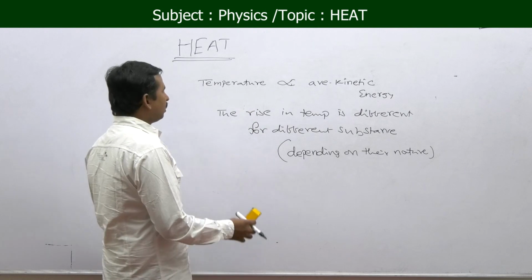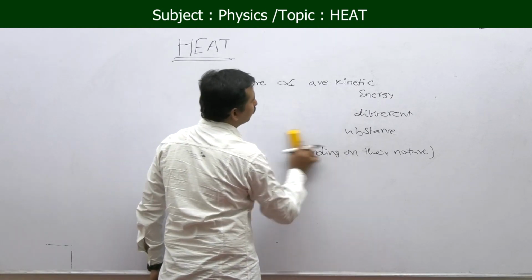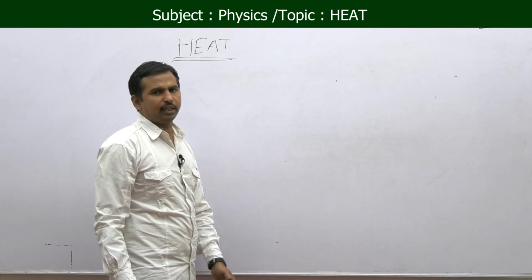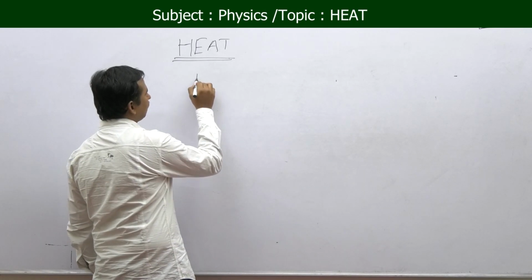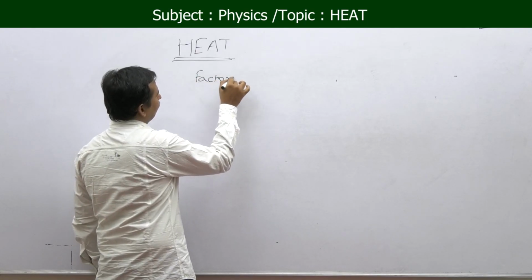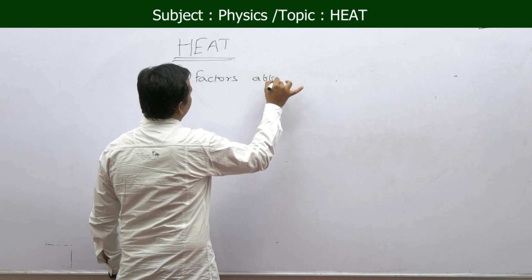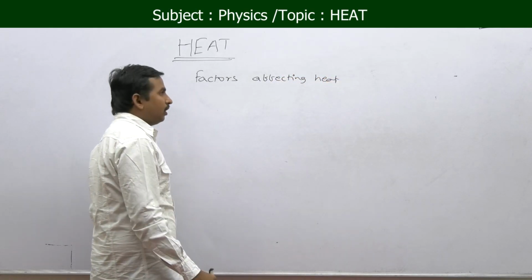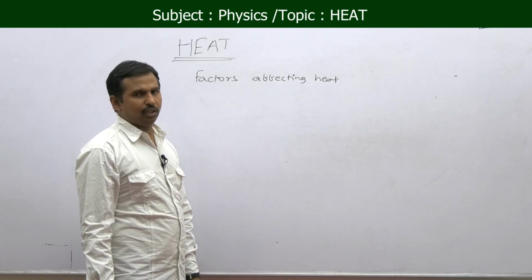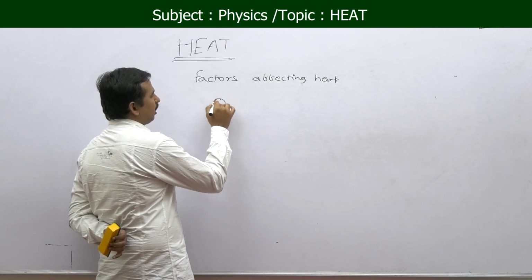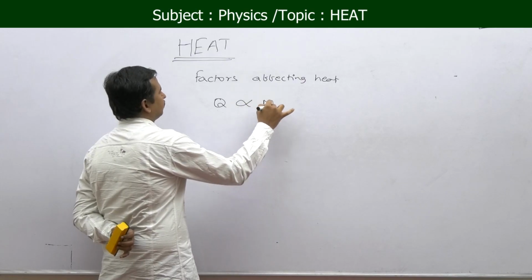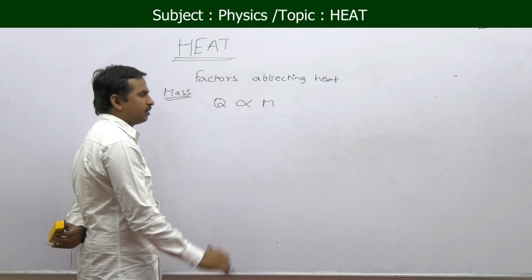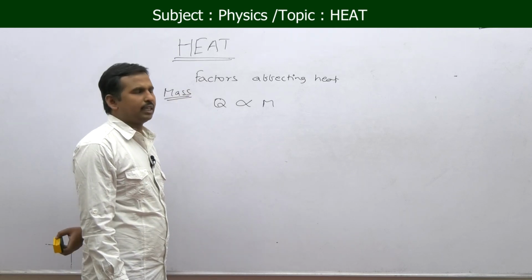Now we will see the factors that any object or substance requires while supplying heat energy, that is, the factors affecting heat. The first factor is mass. Take two substances, one with more mass and one with less mass.